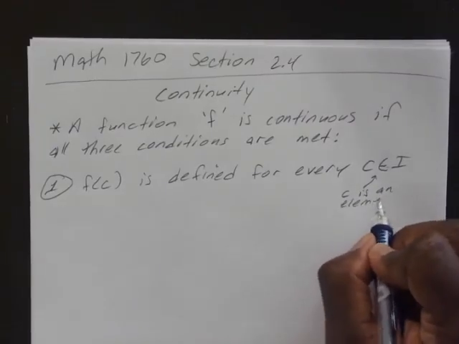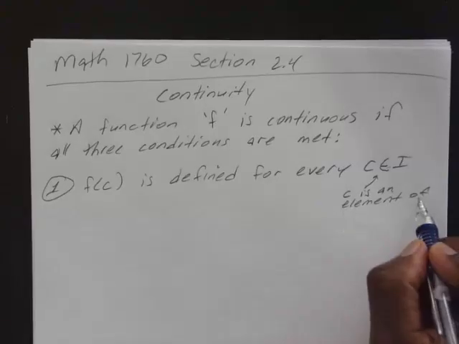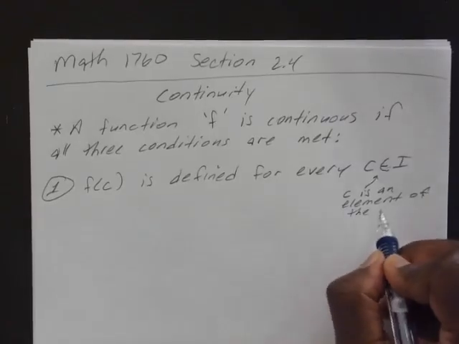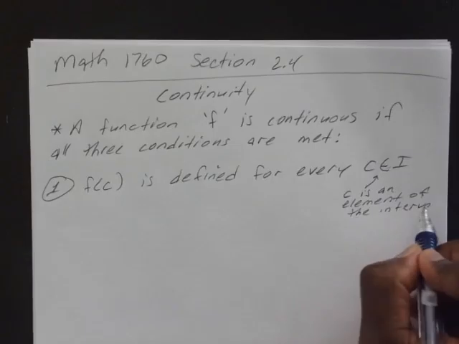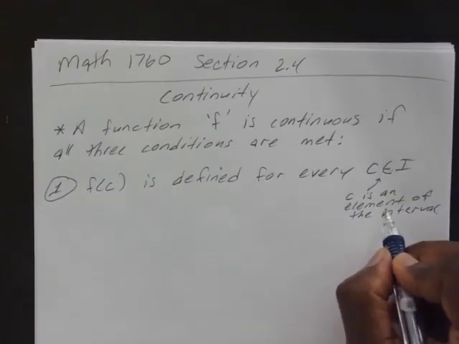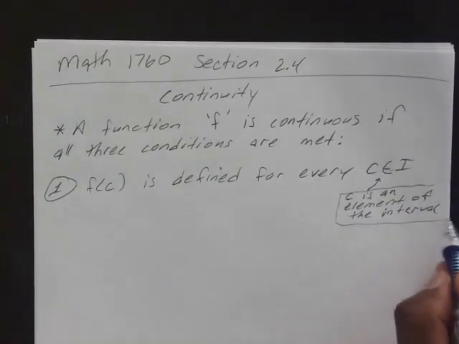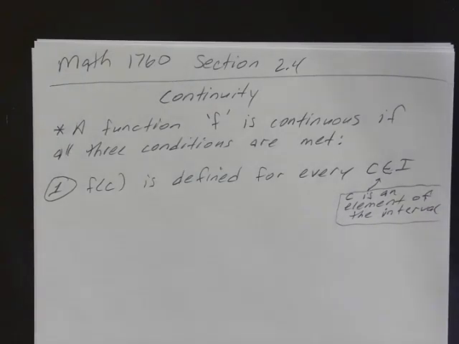Element of the interval. Okay. So if your interval is from -7 to +34, then c is just a value somewhere in there. So this is just kind of a broad way of saying that. So this class will just be full of brand new notations.